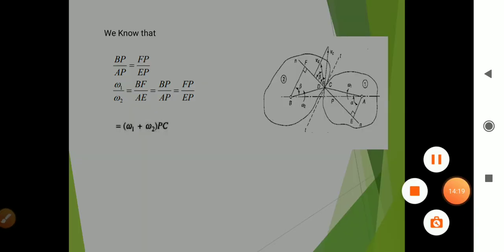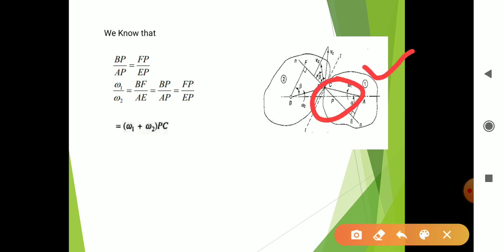So the velocity of sliding along this tangent TT is nothing but omega 1 plus omega 2 into PC, this distance. We can directly state that the velocity of sliding along the tangent TT is equal to the sum of angular velocities into the distance between the pitch point and the point of contact.